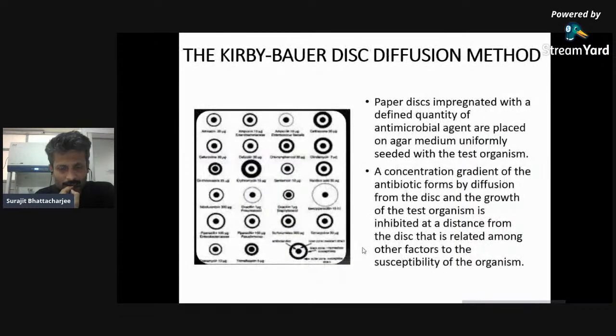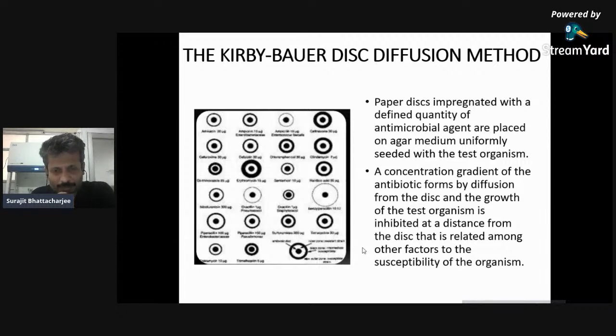Now, in addition to the broth dilution method, we can also use the disc diffusion method, where a paper disc containing a defined quantity of antimicrobial agents is placed on the agar medium, where the bacteria are uniformly seeded. Depending on the concentration gradient, these agents start to diffuse from the disc throughout its periphery.